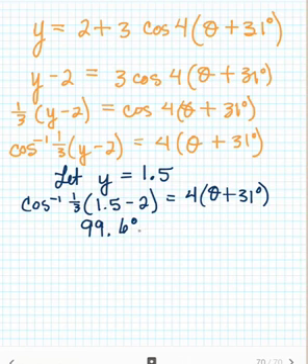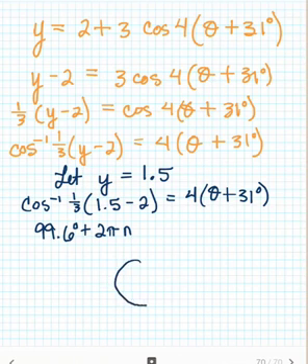So 99.6 degrees. Now keep in mind here, and maybe I should have written it over just a little bit, this is going to be, of course, 99.6 degrees plus 2 pi n. Now let's think about this a minute. It always helps to do that sometimes. If I come over here, 99.6 degrees is almost 100 degrees, right?